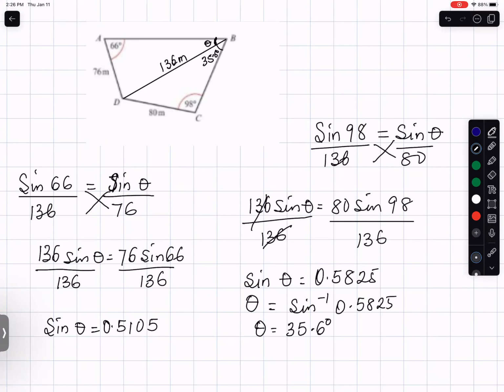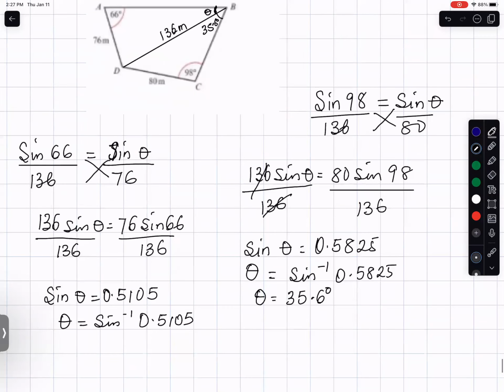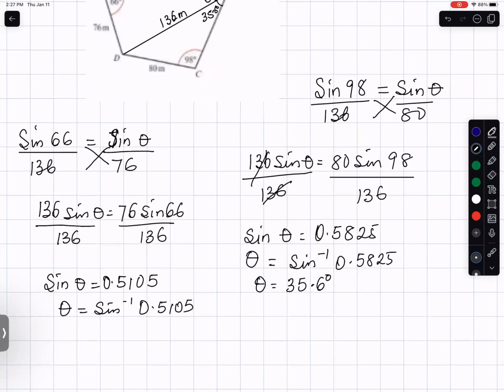So we have sine theta as 0.5105. So my theta becomes the sine inverse of 0.5105. So shift sine inverse of 0.5105 gives 30.6 or 30.7. So we have our theta as 30.7 degrees.